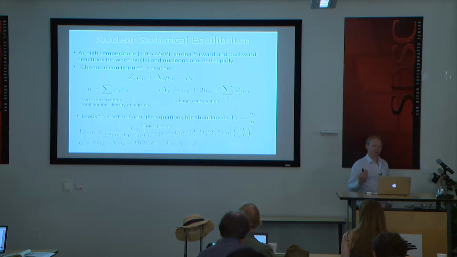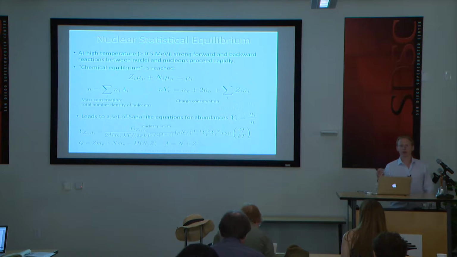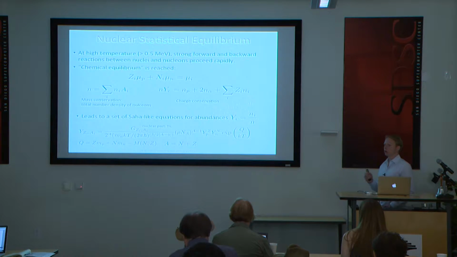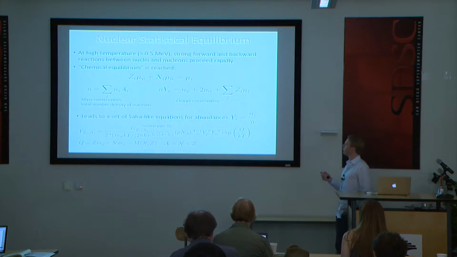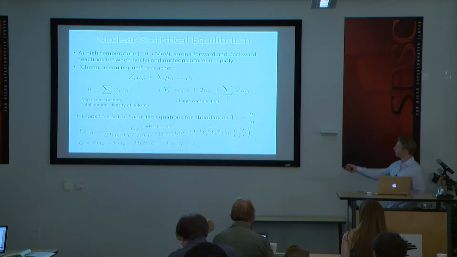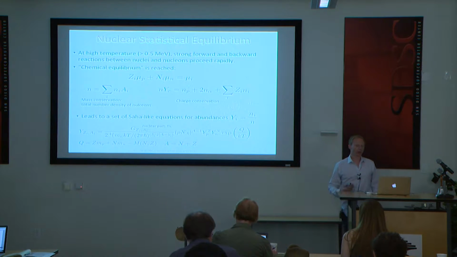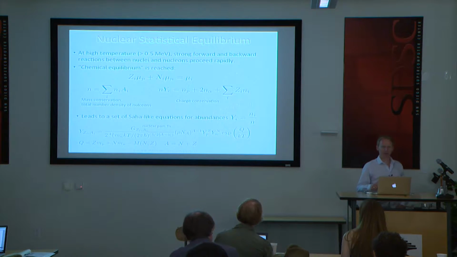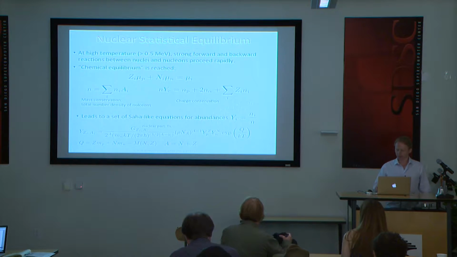So we really don't need to track all these individual nuclei in our code if we have nuclear statistical equilibrium. The only variable we really need is the proton fraction, which is the electron fraction, really. It's the number of electrons per baryon, YE. So that's very important. It makes our problem much simpler.